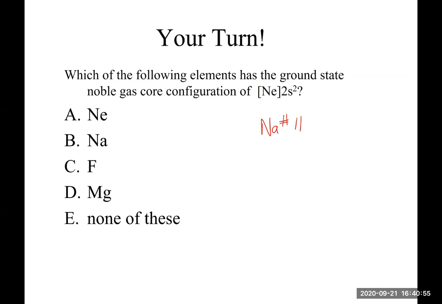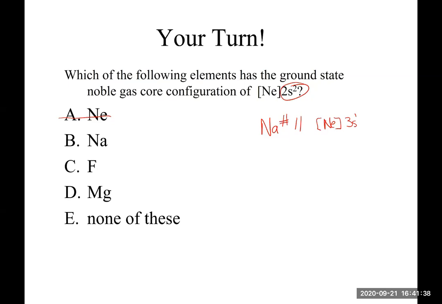So we know that it's not A, because we said we have neon plus this, so it can't possibly be A. Going to B, sodium has atomic number 11, which means it has 11 electrons associated with it. So it would be neon, which has 10 electrons, and then we would have 3s1. So sodium cannot be neon and then 2s2.